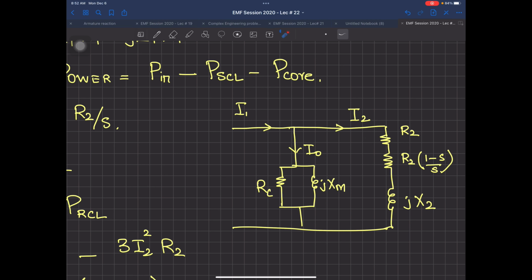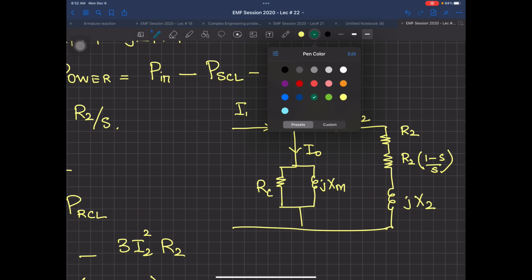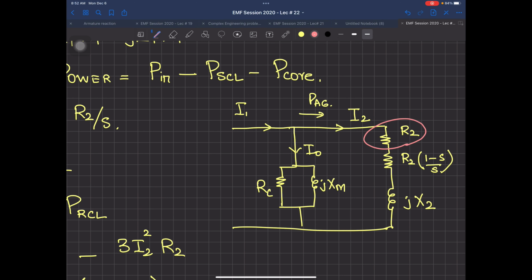So at this point, your air gap power is going to be converted inside. So over here, in this resistance, the power which is going to be dissipated is going to be RCL, and the power which is going to be used over here is actually going to be your converted power, that is converted into mechanical motion.